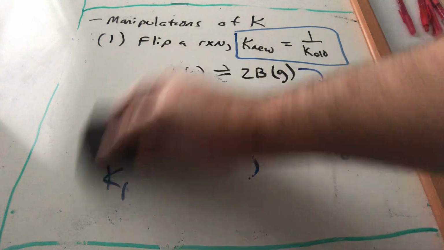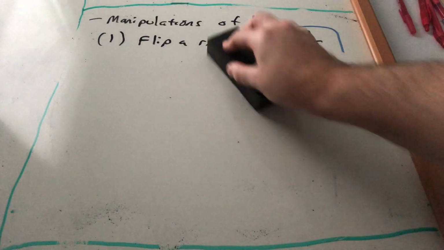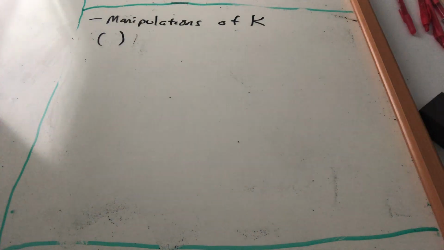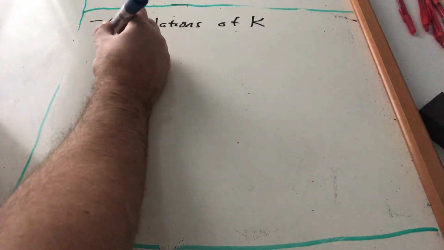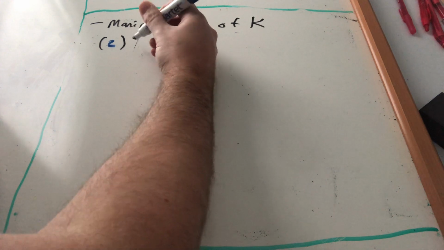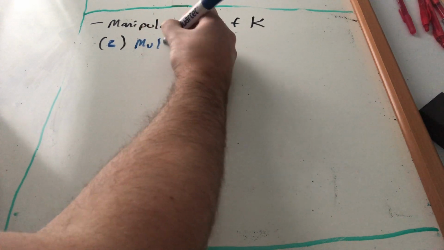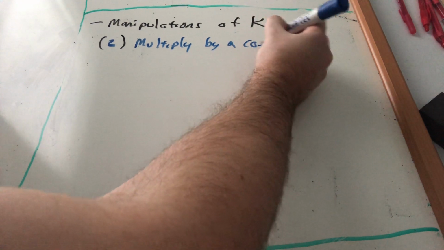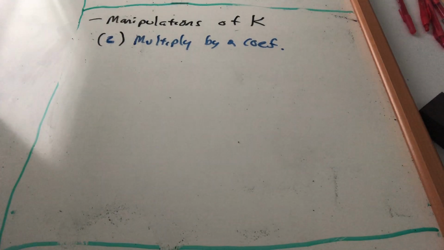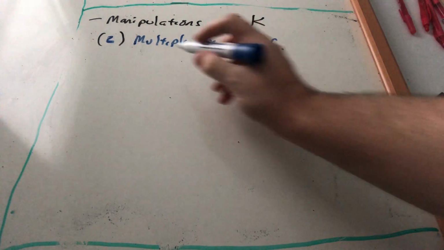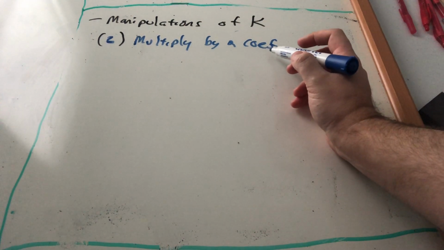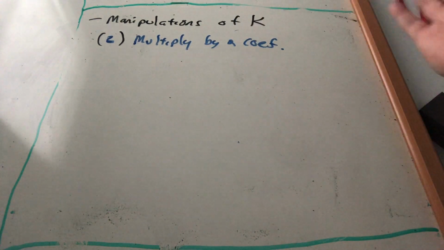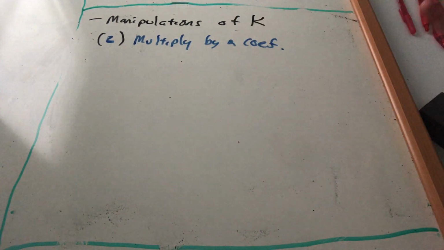The other things we'll do with Ks is at times we'll multiply by a coefficient, and that could be division as well. Remember, division is like multiplying by the inverse. So when we multiply by any sort of coefficient, even if it's a fractional coefficient, you want to actually change the stoichiometry, keep it consistent across the way.